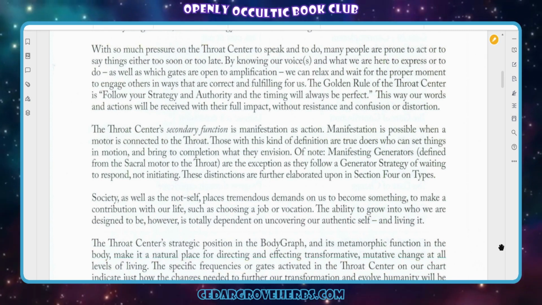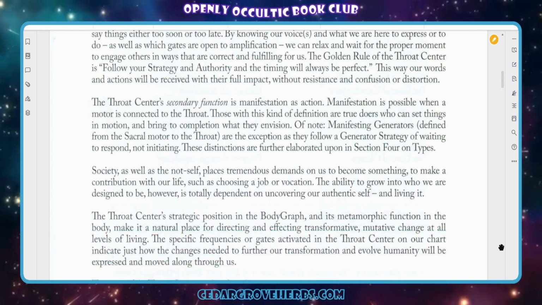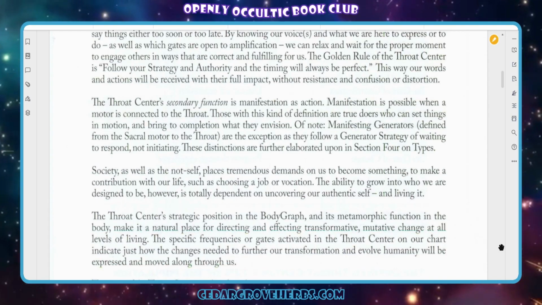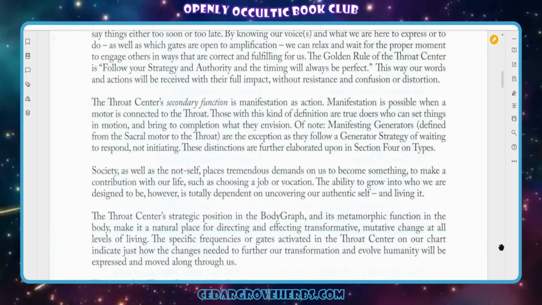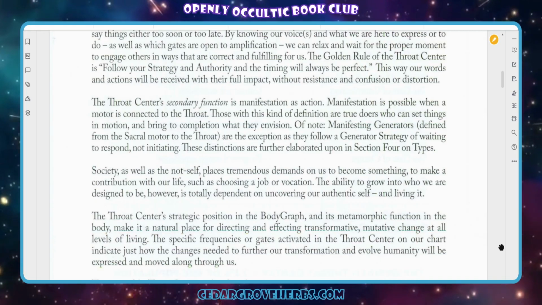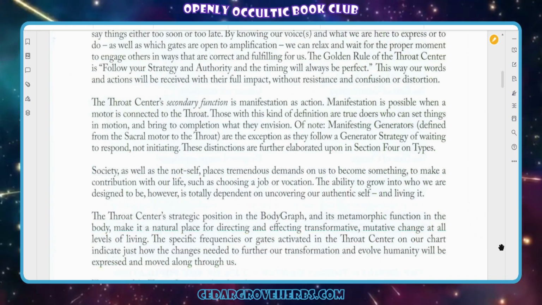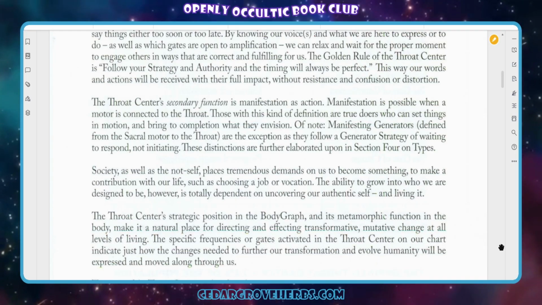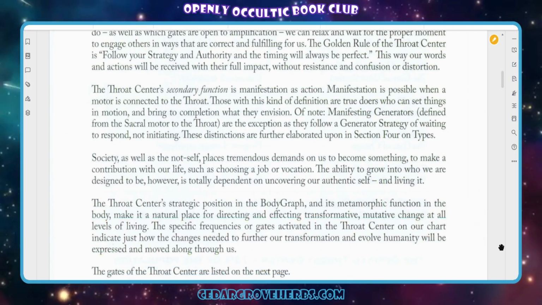Society, as well as the not self, places tremendous demands on us to become something, to make a contribution with our life, such as choosing a job or vocation. The ability to grow into who we are designed to be, however, is totally dependent on uncovering our authentic self and living it.